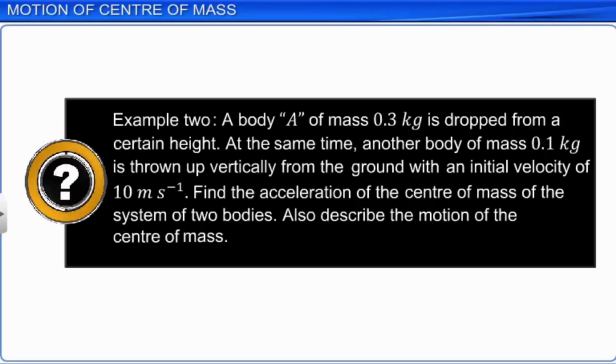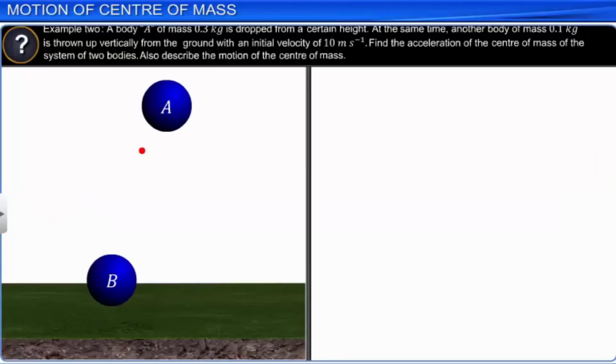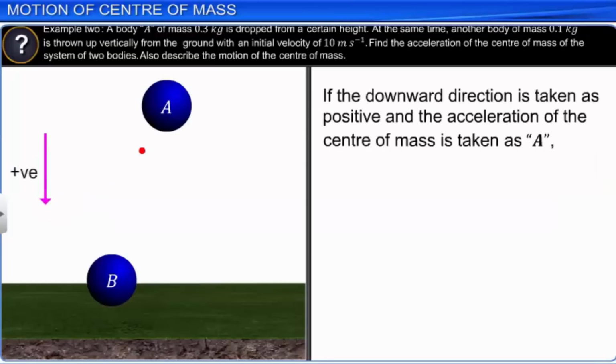Now, let us find the acceleration of the center of mass of the system of two bodies discussed in the earlier example. We will also describe the motion of the center of mass. Solution. If the downward direction is taken as positive and the acceleration of the center of mass is taken as A, then acceleration of A is equal to acceleration of B, which is equal to g. That means A of A is equal to A of B, which is equal to g.